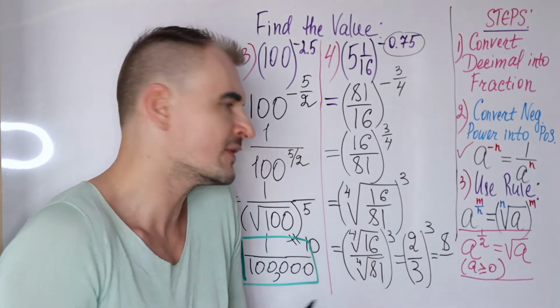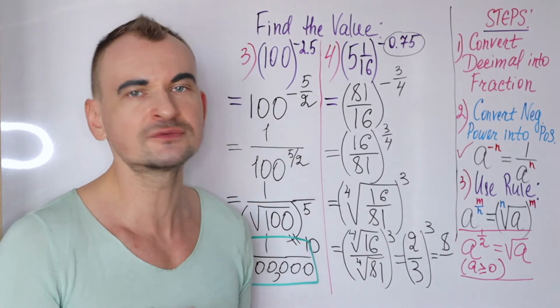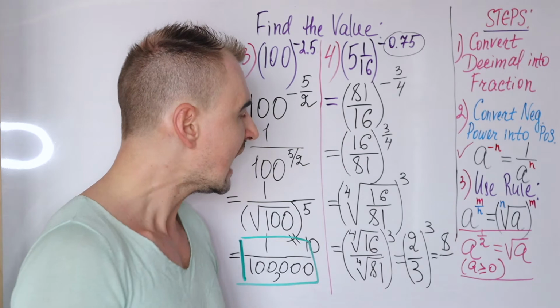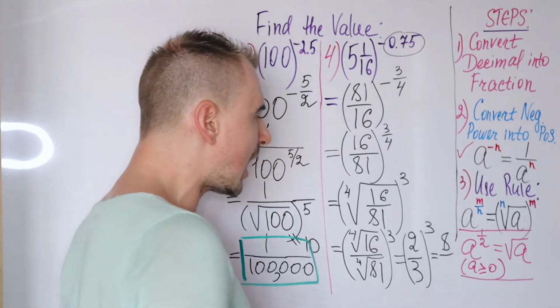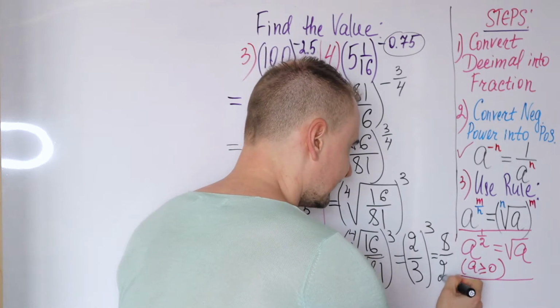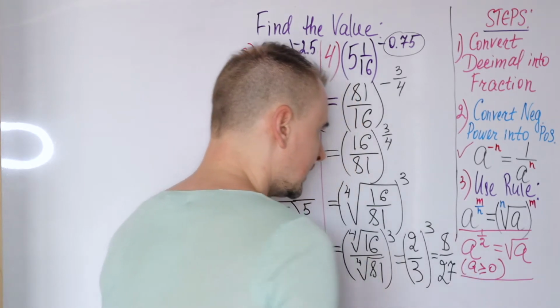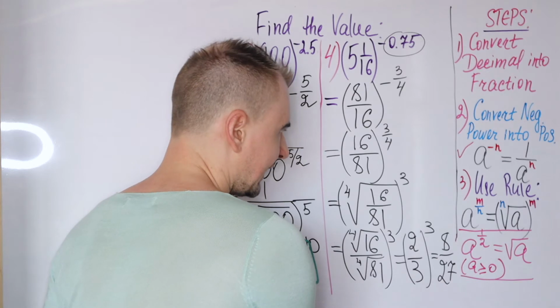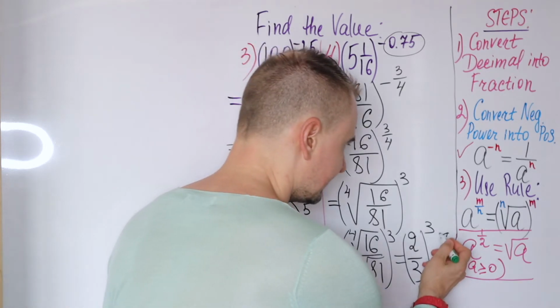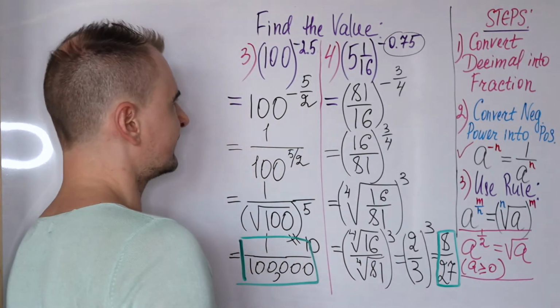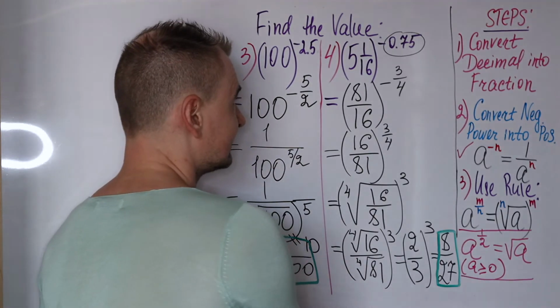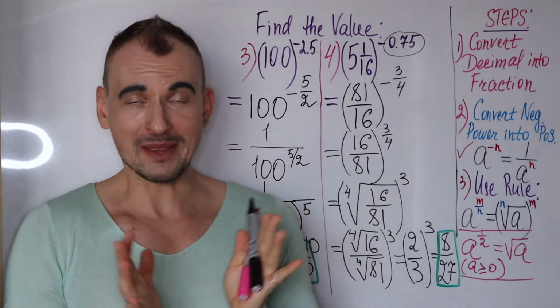You could figure these things out in your head, or you could write it off to the side, completely up to you. And your bottom number 3 raised to the cube power gives you 27. So it comes out to be 8 over 27. So that's your value for this intimidating problem.